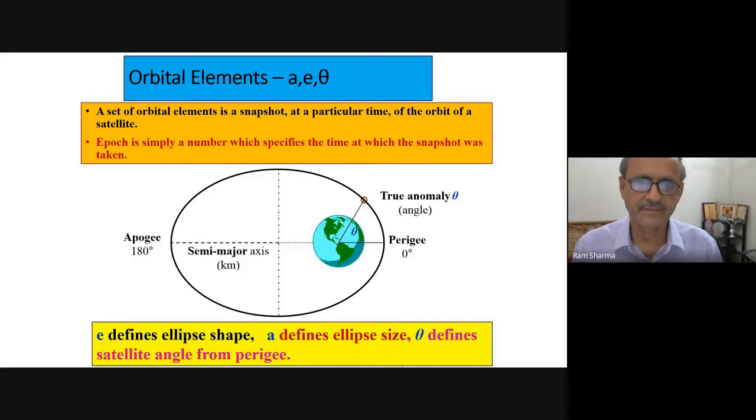And semi-major axis is half of the major axis of the ellipse. So that is how we can define a, e, and theta, the true anomaly. And e can be defined in terms of the semi-major axis and the semi-minor axis, which we anyway teach in our coordinate geometry when we teach the students.